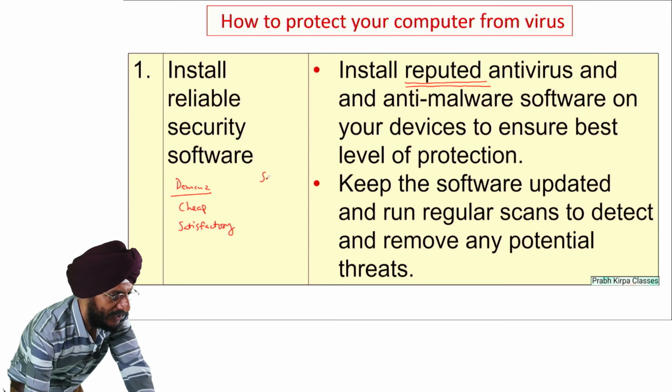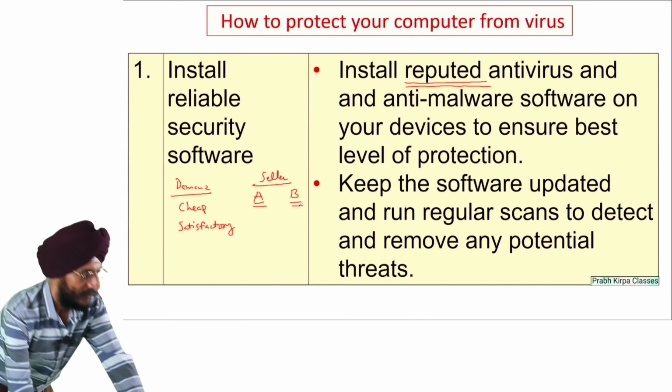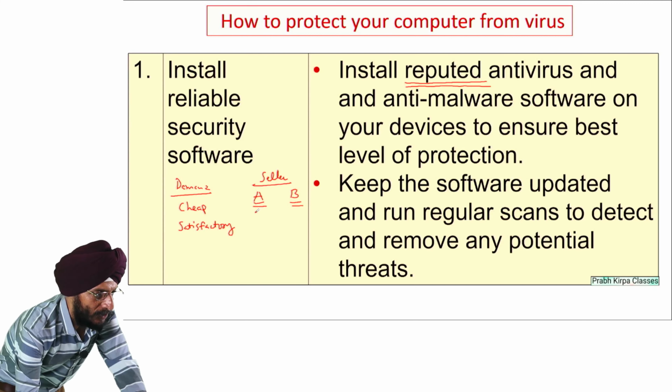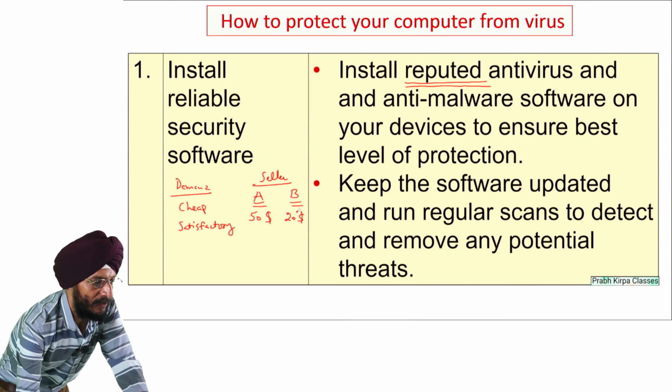Now on the other side, the seller has two choices. He has two types of software, one is brand A, the other is B. A is a branded product which is, say, $50, and the other is unbranded antivirus which is, say, $20.